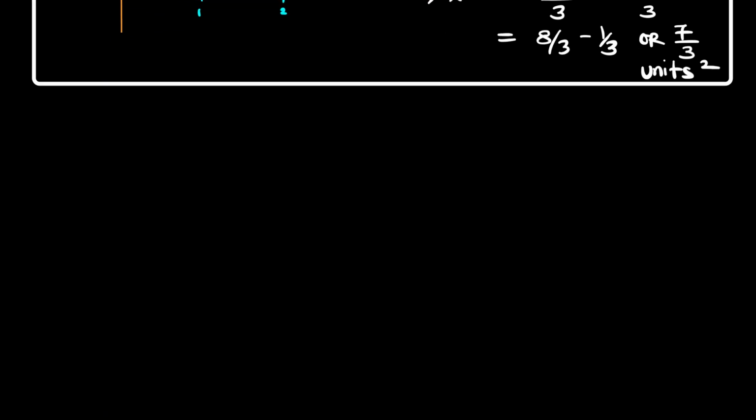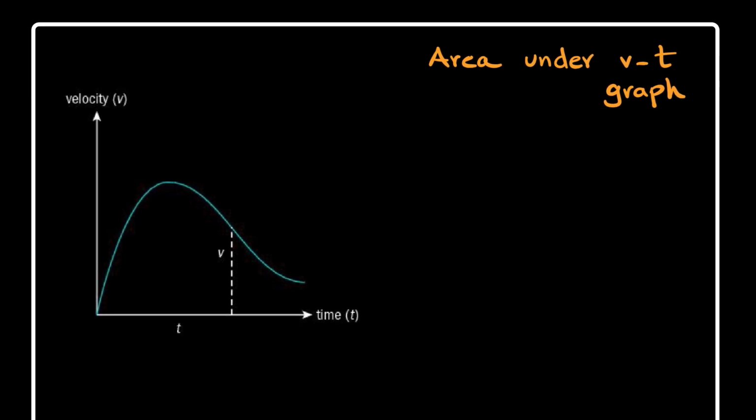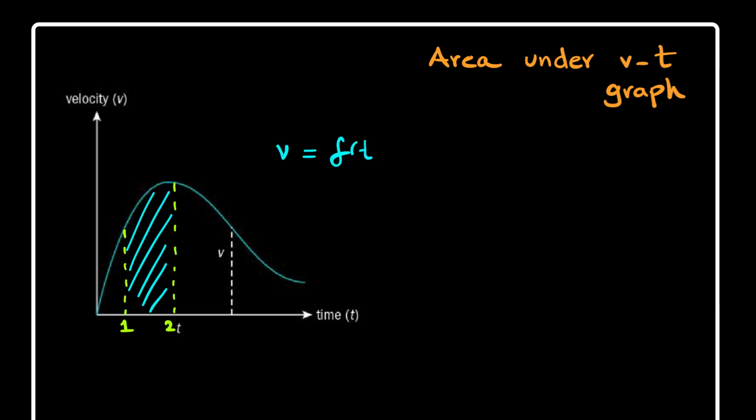Now we will use this knowledge to find area under a velocity time graph. For example, if I'm interested in finding the area under the graph between these two values, let's say this is 1 and this is 2. And this is the area under the graph. So if velocity is a function of time, all we will do is integrate this function between the limits 1 and 2, and we will find this area.